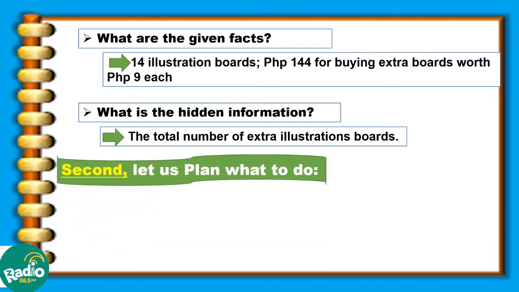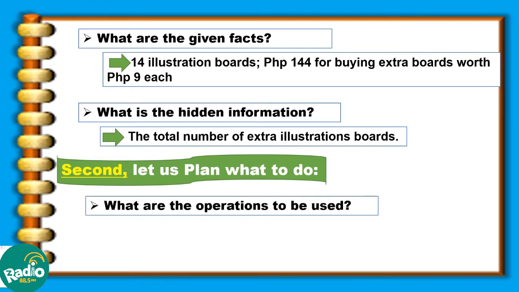Second, let us plan what to do. So what are the operations to be used? Awesome! The operations to be used are division and addition. Division is used in finding the extra illustration boards.